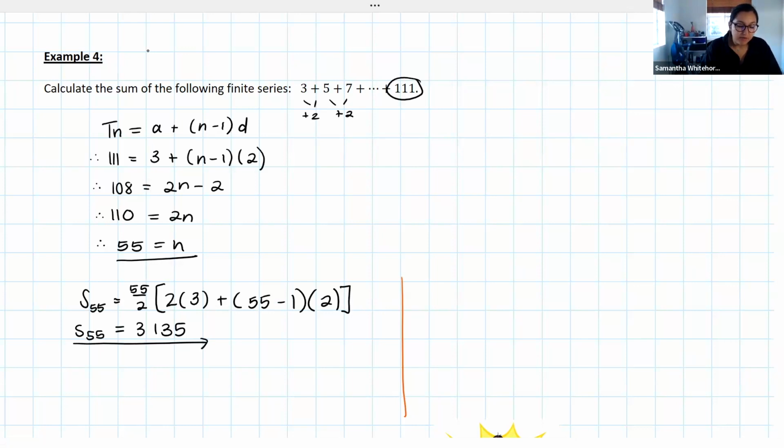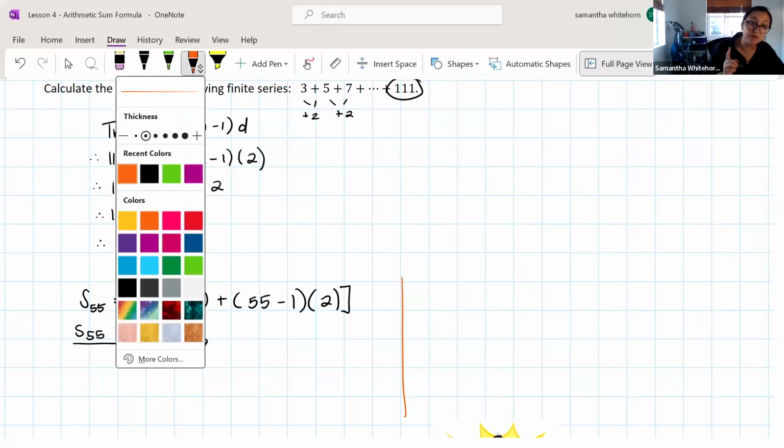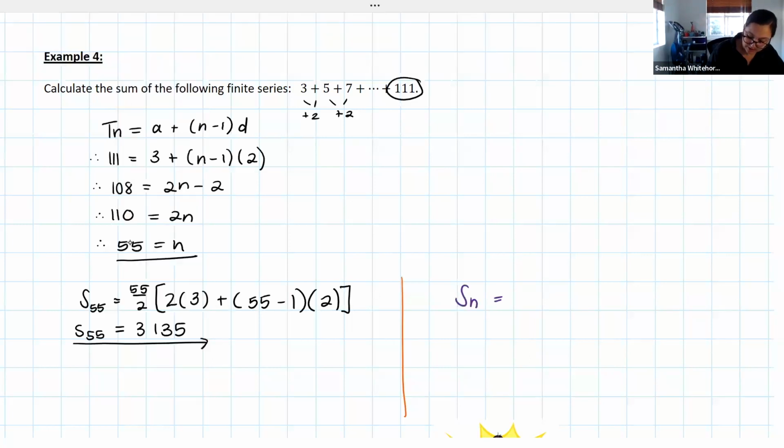If, however, you would like to use a different formula, again, there's nothing wrong with it. I just choose not to use it because it's not on the formula sheet, and if we then write it down wrong or memorize it incorrectly, it is a problem, but you get the same answer. The formula that you can use as well, only if you know the first and the last terms that you're adding together, is that S of n is equal to n over 2 times a, which remember is your first term, plus l, which is your last term.